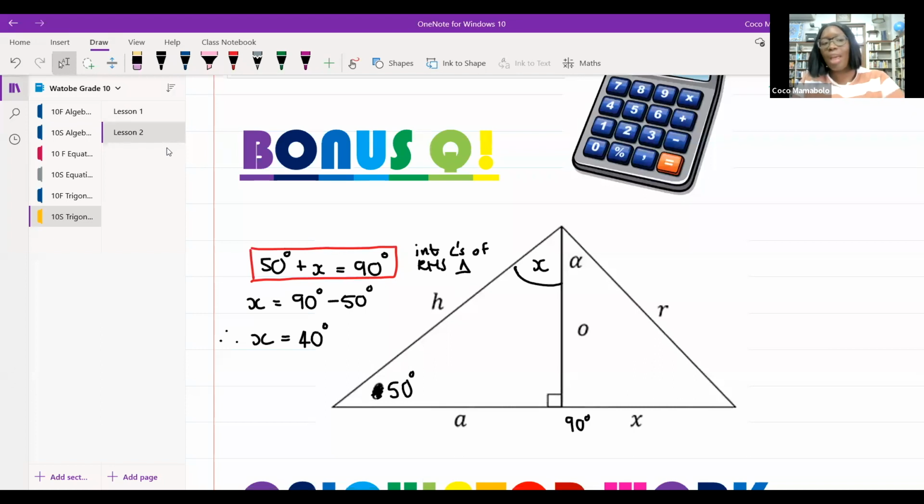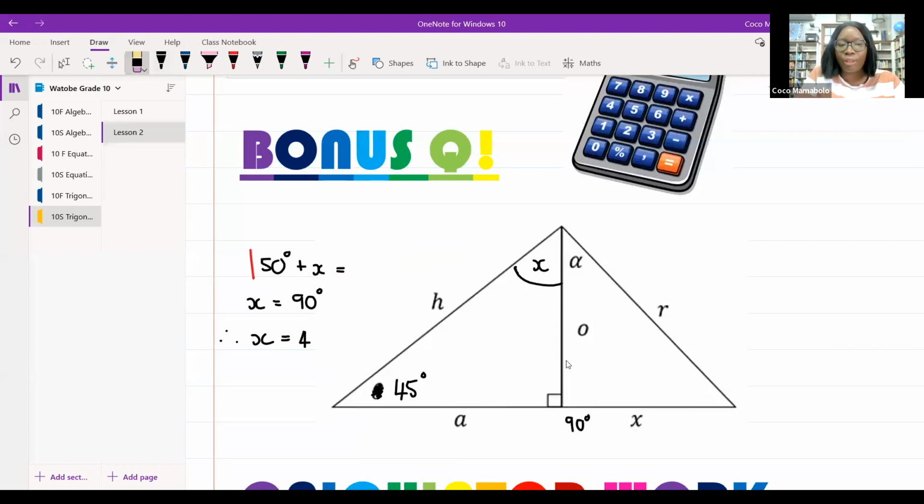You are not wrong. Absolutely, 100%, we can do that. Now, guys, if I make this angle over here 45 degrees, we're going to go through the same rigmarole again. I'm going to go 45 degrees plus x is equal to 90.